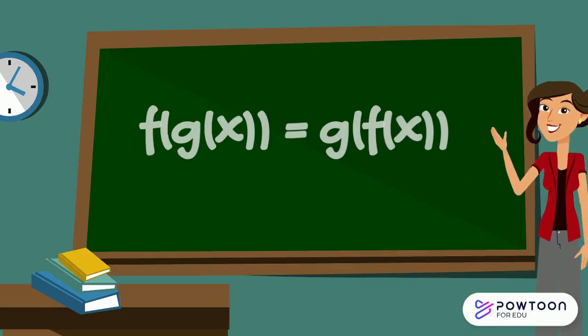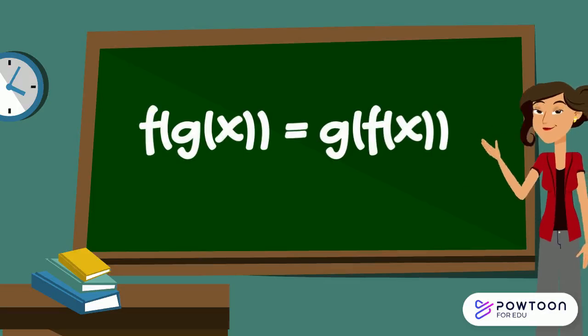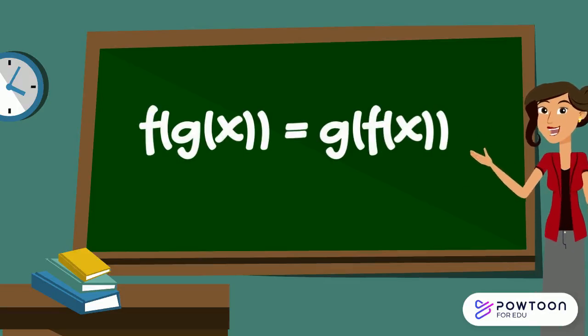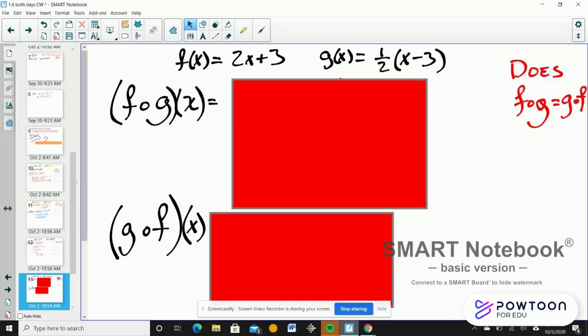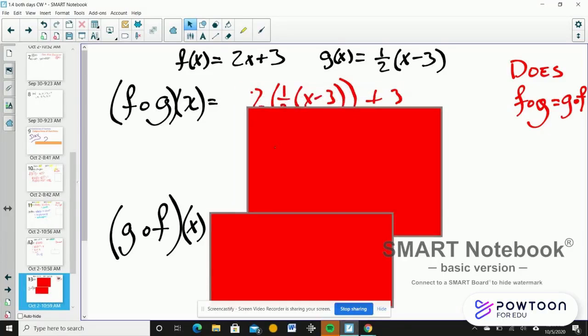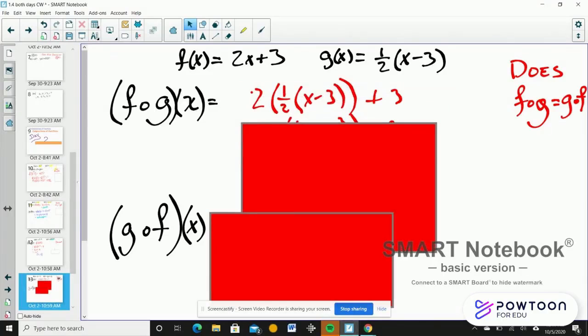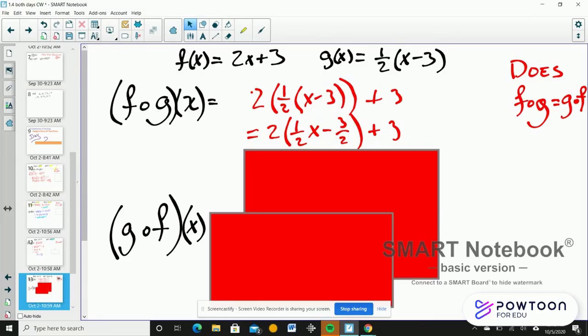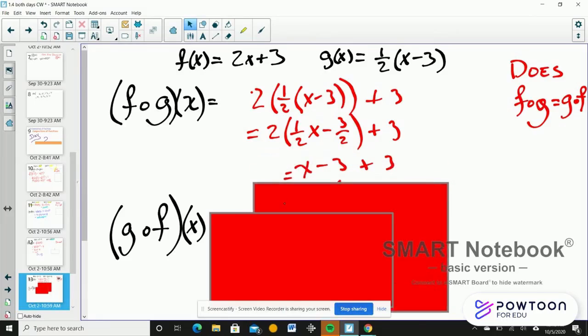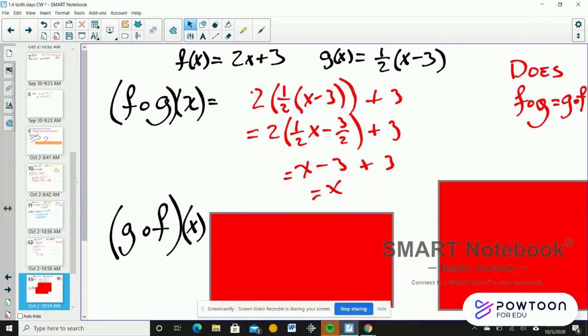For the next problem, we will see if f of g of x equals g of f of x. First, to find f of g of x, we're going to put the g of x in for x in f of x. Go through your simplifying, and f of g of x ends up equaling x.